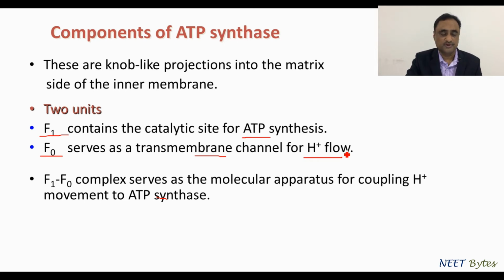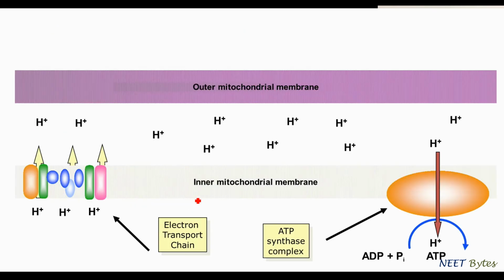So the F1 particle enables the coupling of ADP and inorganic phosphate forming ATP. Okay, and this F1 and F0 complex serves as the molecular apparatus for coupling of H movement to the ATP synthesis, right?